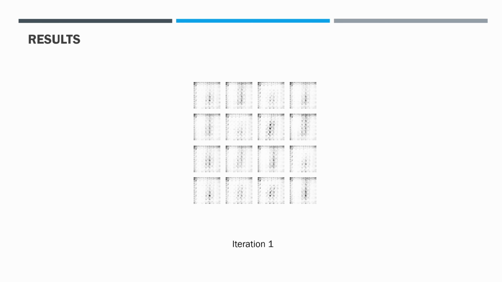So how did our results look? As expected, at iteration 1, the results are basically a set of noise vectors, so noise images.